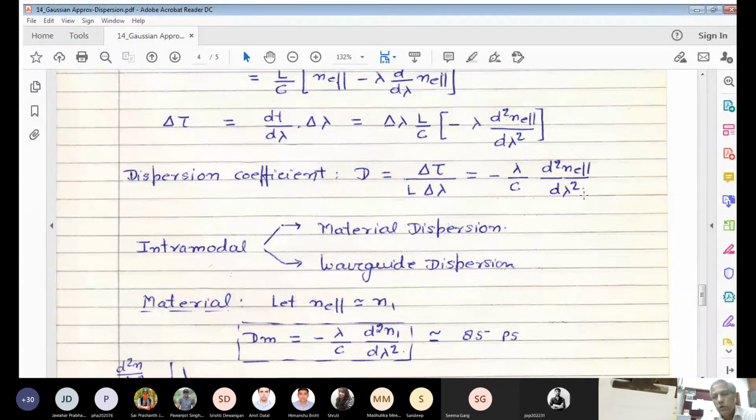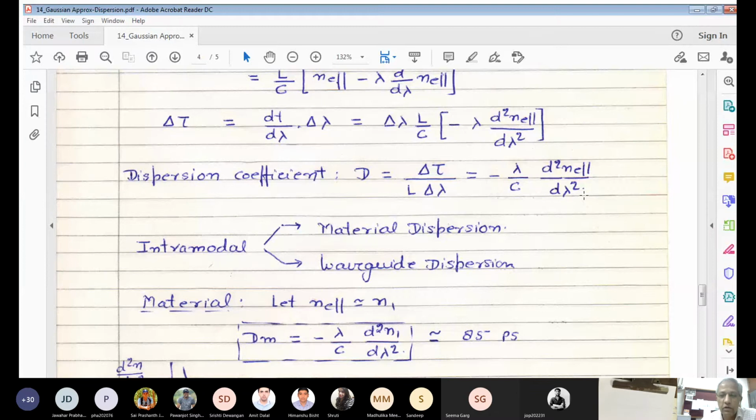But anyway, to have an idea of what the contribution of material is and what the contribution of waveguide is to the intermodal dispersion, we will separate them. Although it's not a 100% correct approach, I would say it is a 99.9% correct approach in step index fiber.